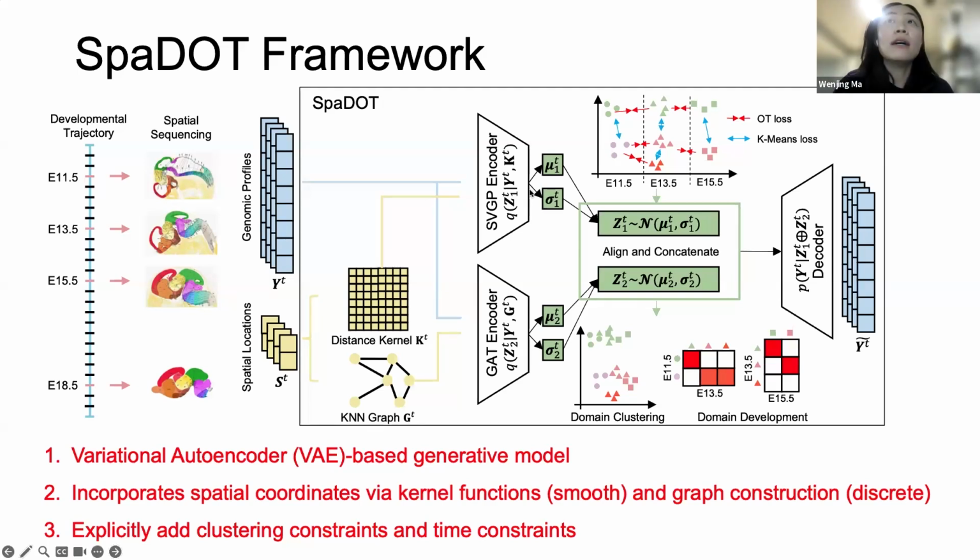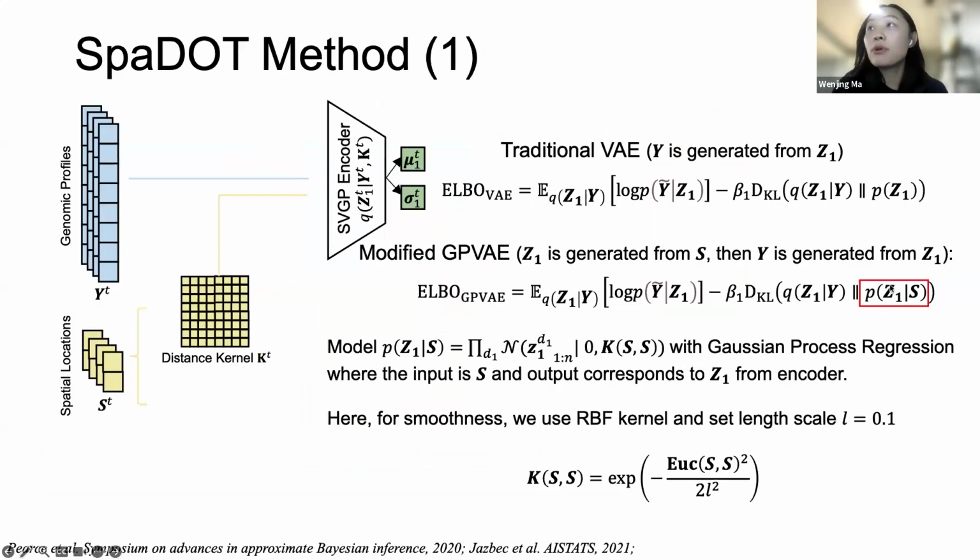So we give these vectorized genome profiles from one spot, and the distance kernel would be added as a constraint on the latent space. So as I mentioned here, after learning the latent embeddings, we would enforce the spatial locations, the distance kernel, as a conditional distribution.